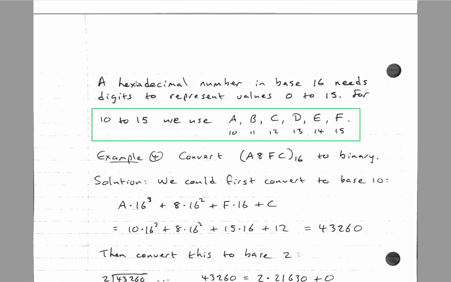Let's look at a bigger base. So for base 16, we need more symbols. We can use the usual symbols 0 through 9 for those numbers, but for 10 through 15, we need new symbols, and it's standard to use just capital A, B, C, D, E, and F. So here A means 10, B is 11, C, D, E, F is 15.